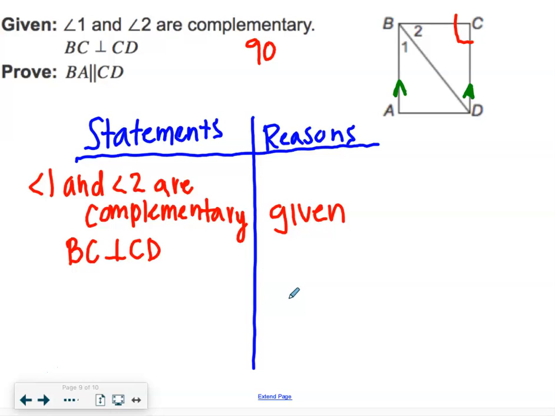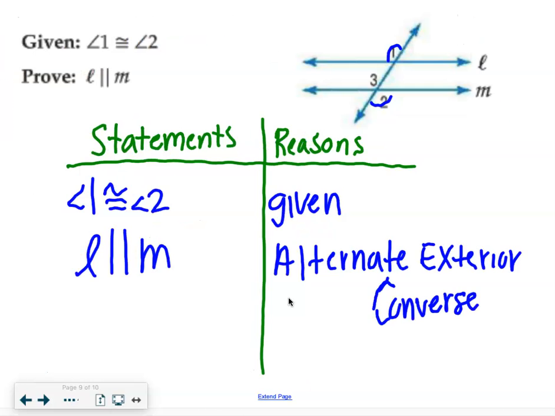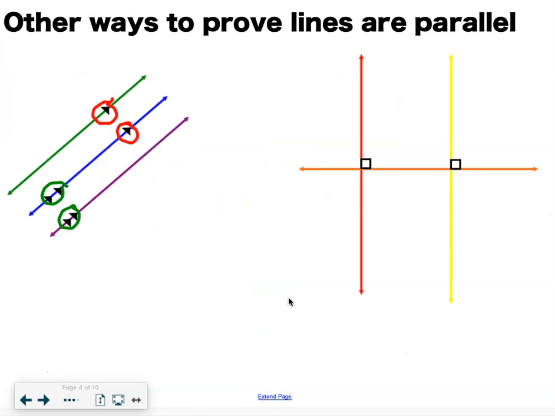What kind of an angle is angle B? This big angle in the corner, what kind of an angle is it? It's right, because I know these are complementary. Oh, why does my board not work? Doesn't that look like this picture here? 2 lines that are perpendicular to the same line are parallel. So that's what we're trying to show.